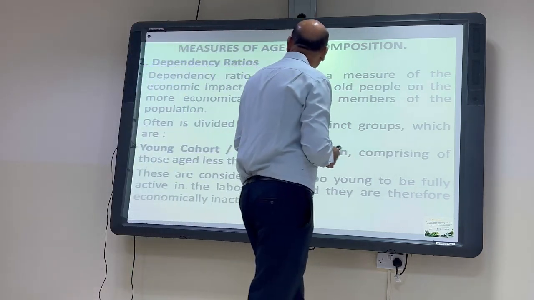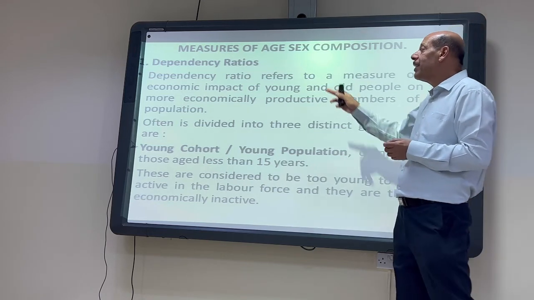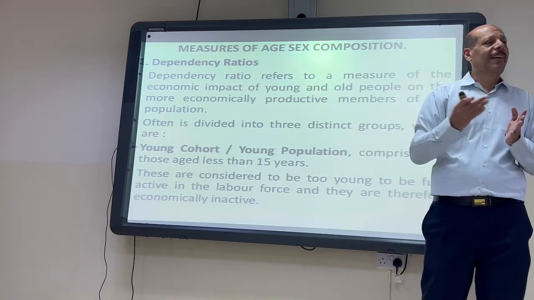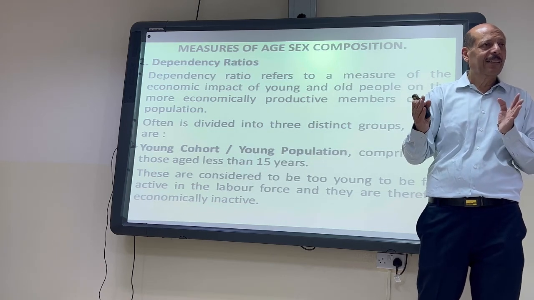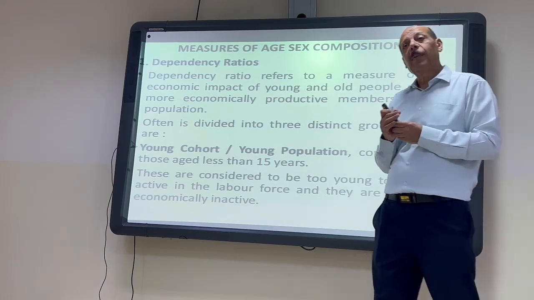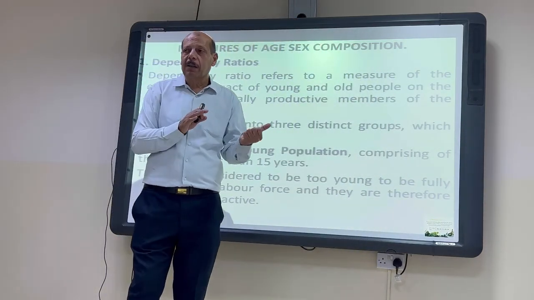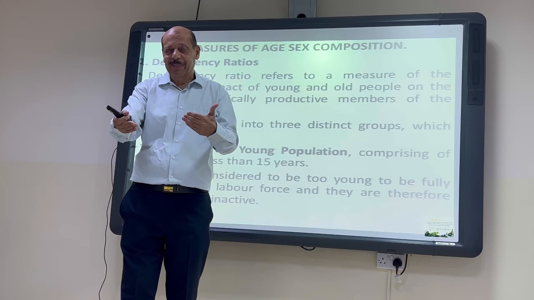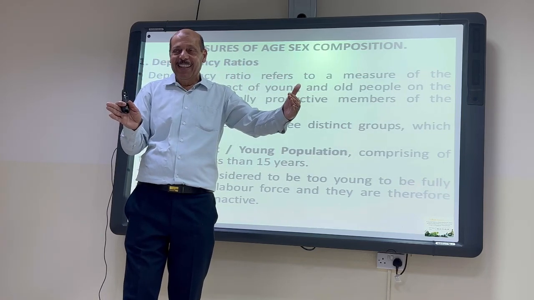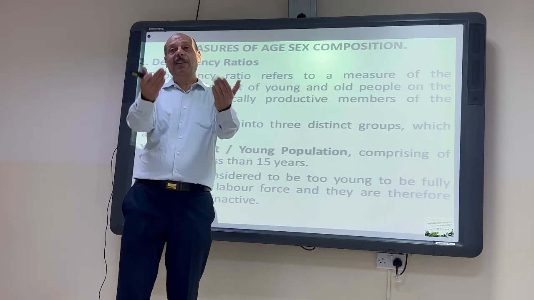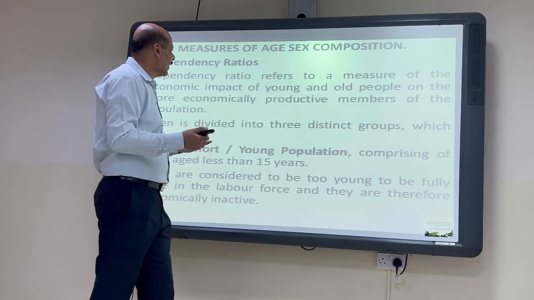There are also measures of age and sex combination. There is what we call the dependency rate. Did you hear this term, dependency rate? In every population, there are people who are working, of working age, and people who are depending on them for their expenses.